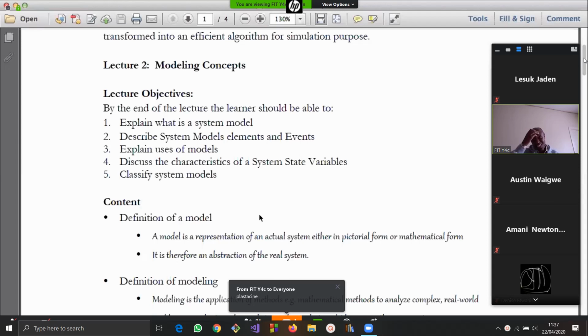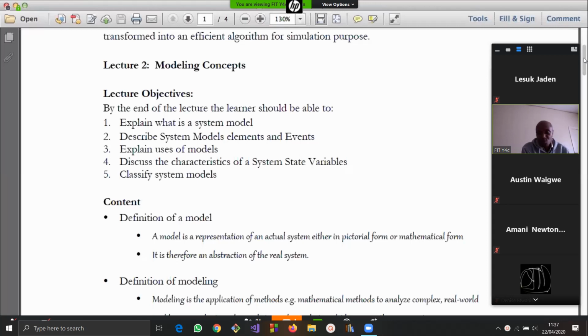So whether you use plasticine, you use clay, whatever thing you were coming up with, we call it a model. Sometimes you could make maybe a car, or you could make anything. That is a model at its very basic level.